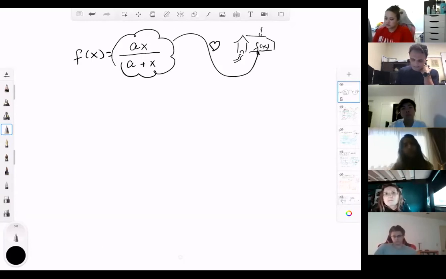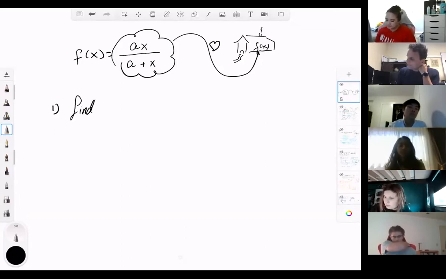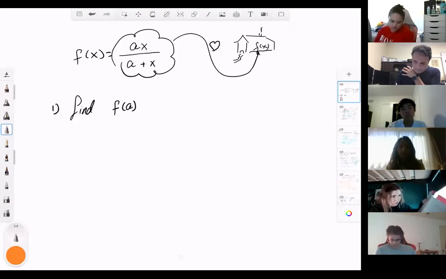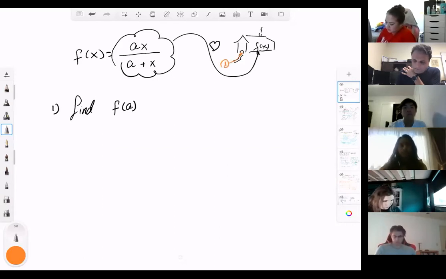Now, the question is, they're saying find f of a. That's what they ask us. If 1 goes inside of the function, the output is going to be a times 1 over a plus 1, which is a over a plus 1, correct?